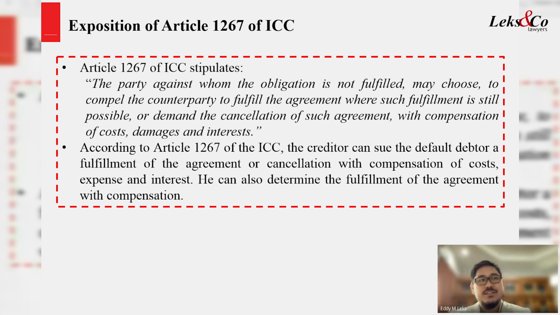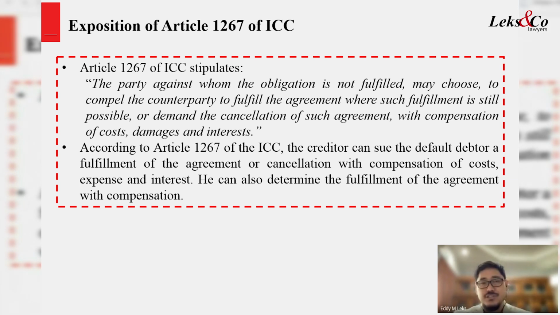And in practice, it is almost always waived by the parties. So in the legal practitioners' world, we consider that 1266 is no longer applicable. So it's not null and void, and we don't need to go to the court to terminate an agreement. That's important, right? Because we want to have the authority to just terminate without the court's involvement.